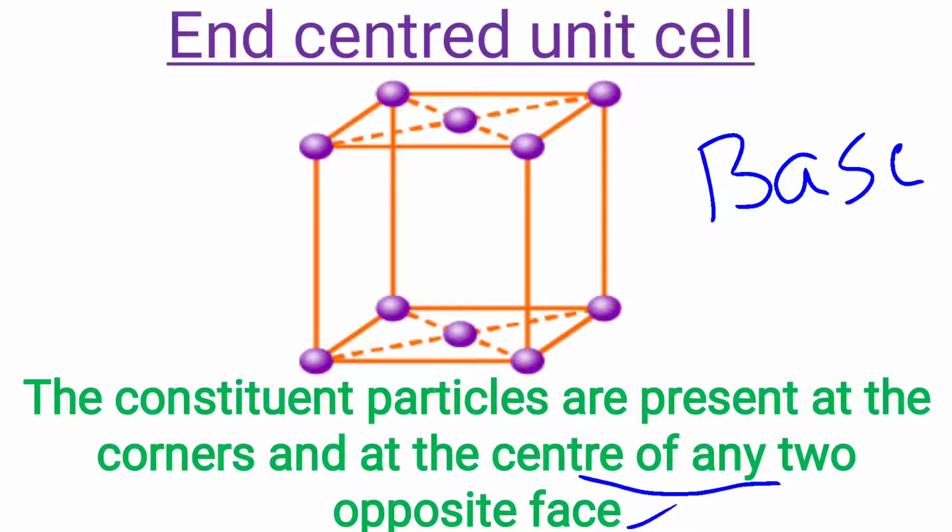So we covered all the types of unit cell, and this classification is based on the position of constituent particles, right? This had nothing to do with the 6 parameters.